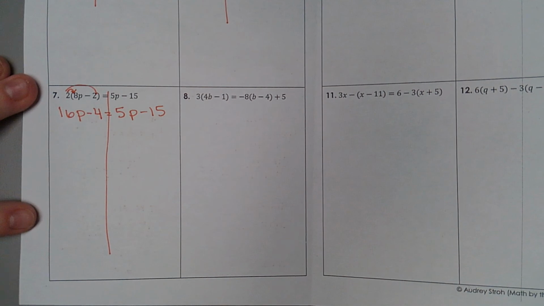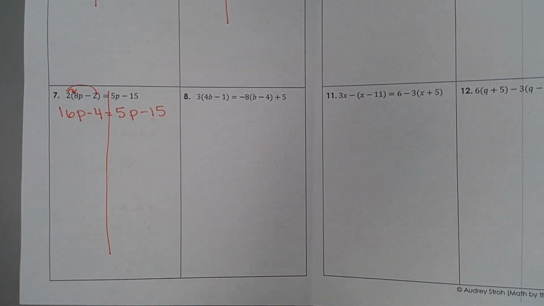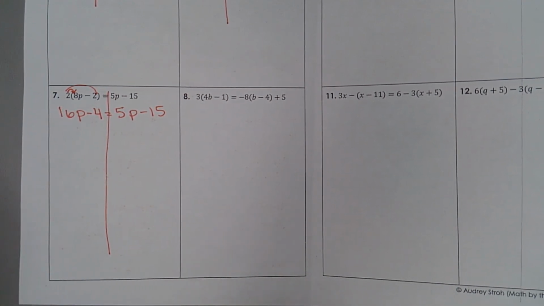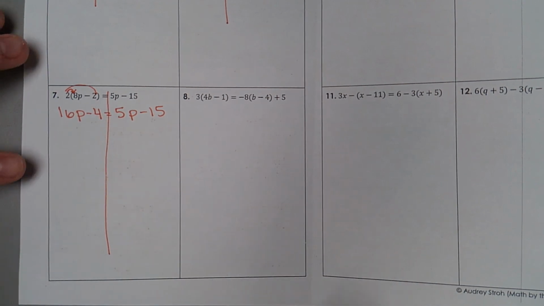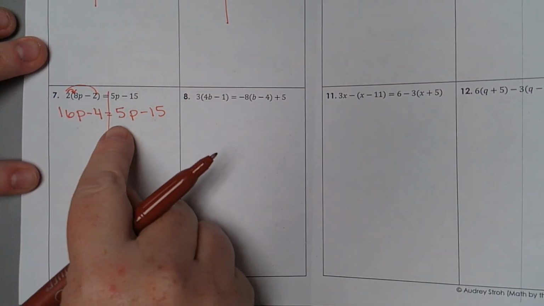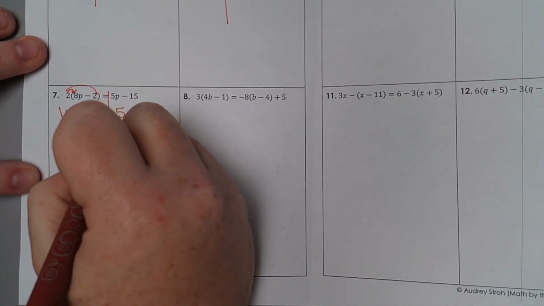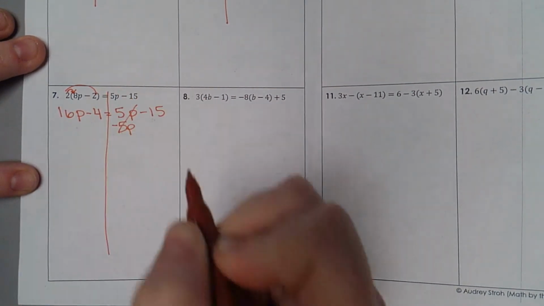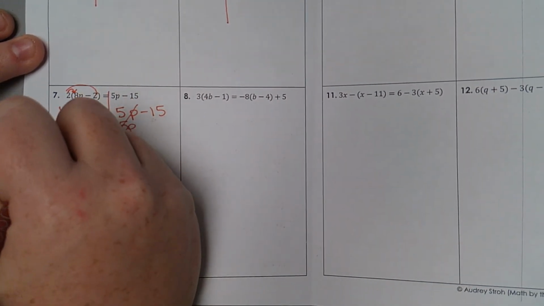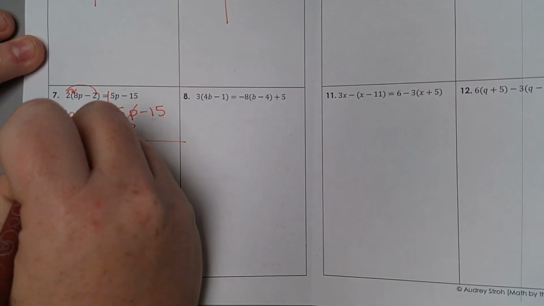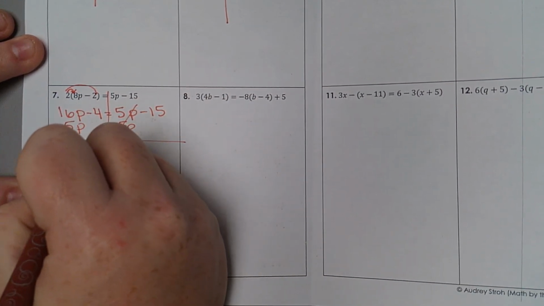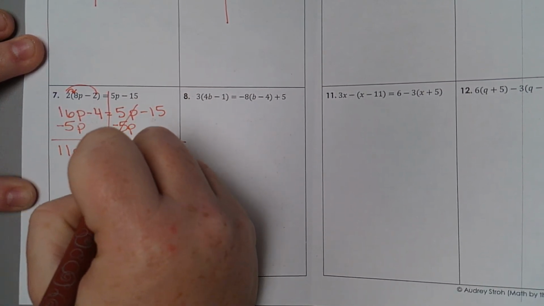The next step is to move my variables so that they're on the same side of my equation. So 5 is smaller. It's positive. The opposite of positive is a negative. That's the only way I can get rid of it. But then I have to take it away over here too. So I'm left with 11p minus 4 equals negative 15.